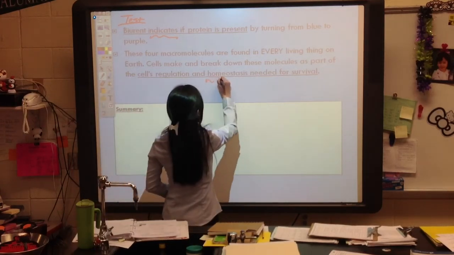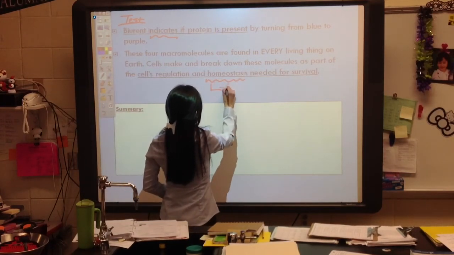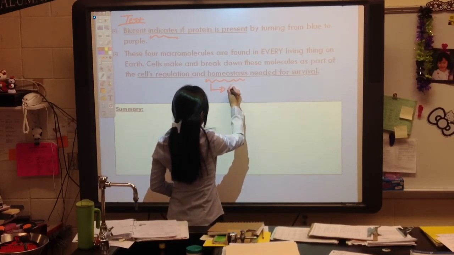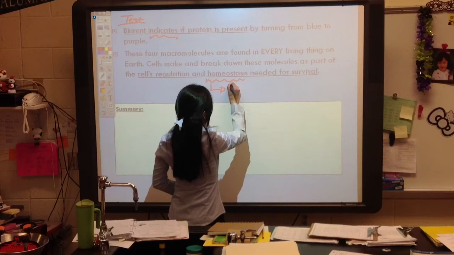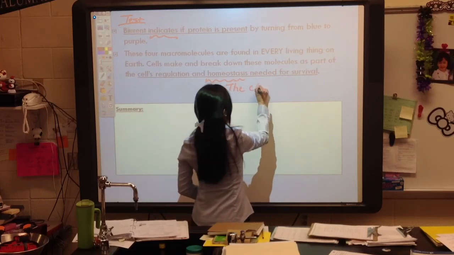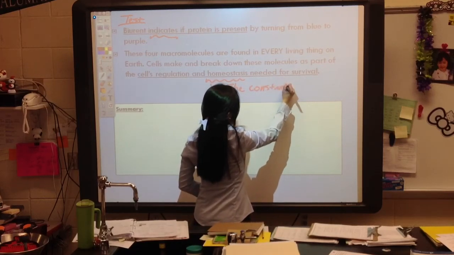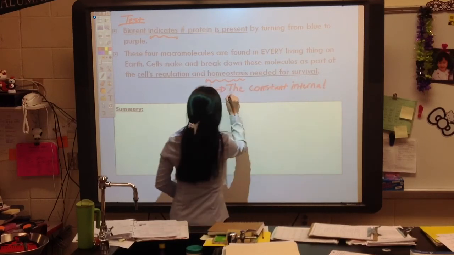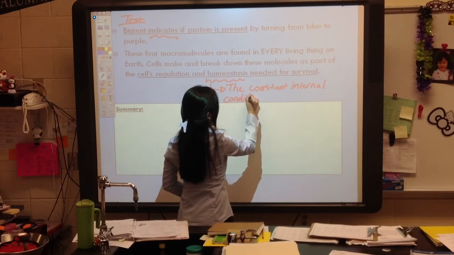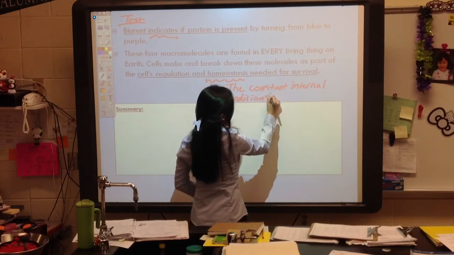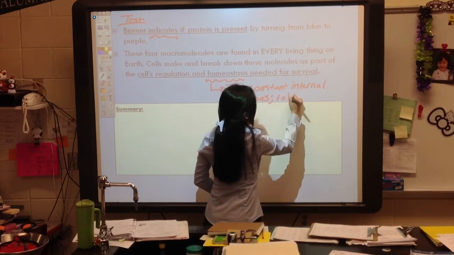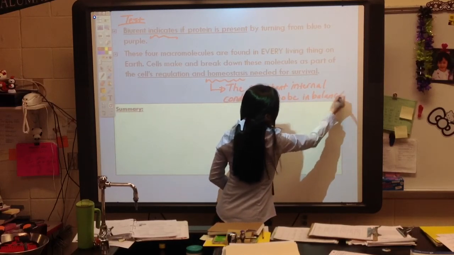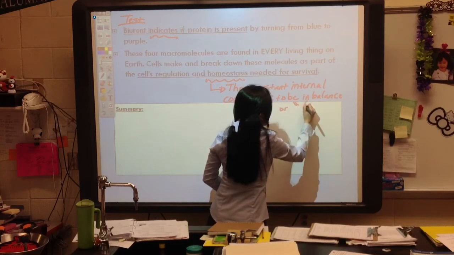One thing here, homeostasis, I want you to define it, write the definition as the constant internal conditions to be in balance, and we'll put in parentheses, or normal.